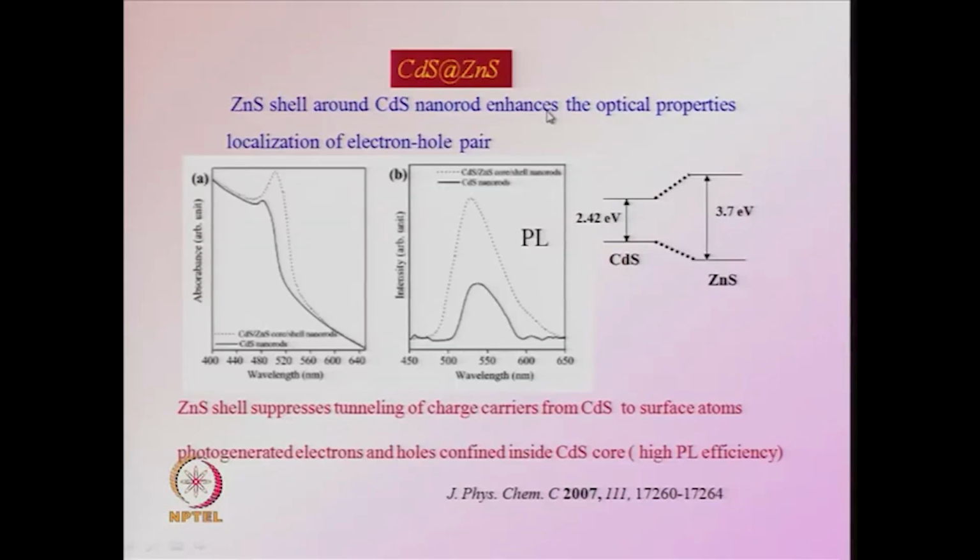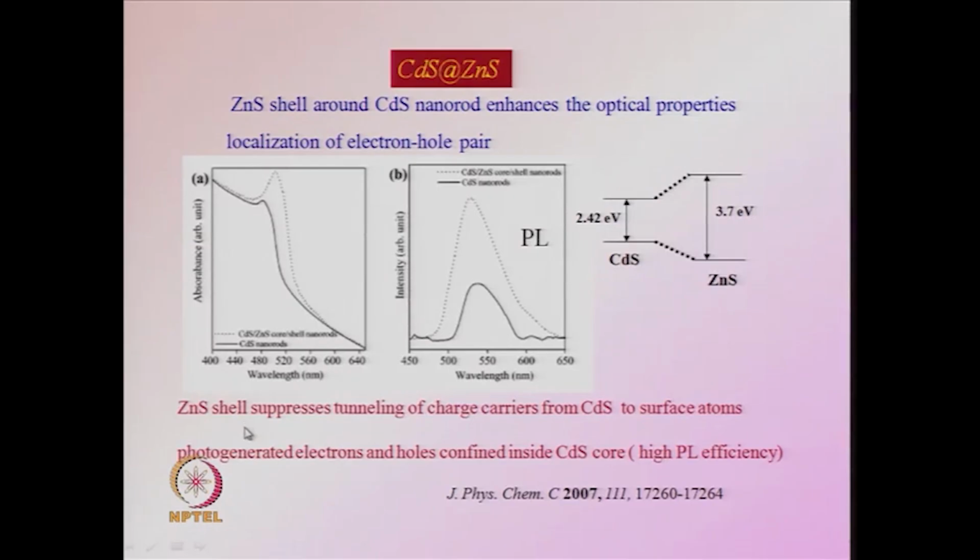It enhances the optical properties by localization of the electron hole pair. So, the zinc sulphide shell suppresses tunneling of charge carriers from cadmium sulphide to surface atoms, and the photo generated electrons and holes are confined inside the cadmium sulphide core.